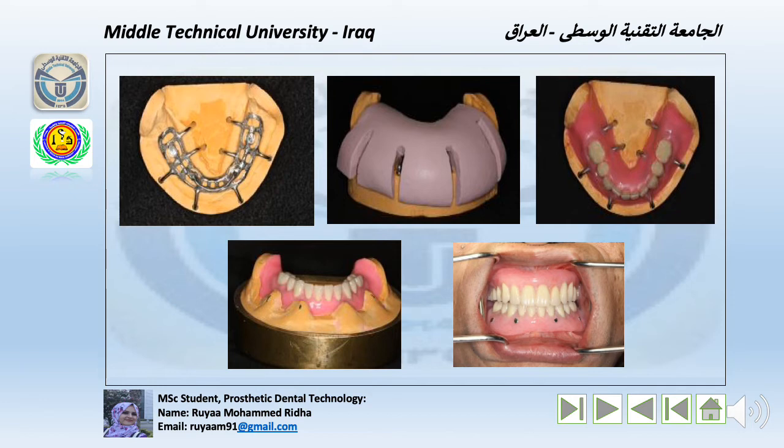The metal framework with support struts may be placed on the cast land area. After checking the metal framework on the cast, the denture tooth silicone matrix is made and trimmed to accommodate the metal support struts so that it is completely seated on the cast land area.